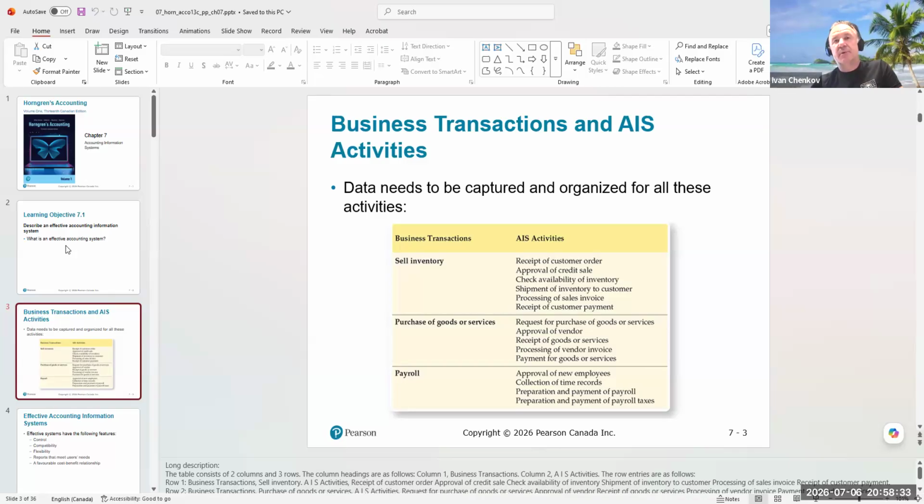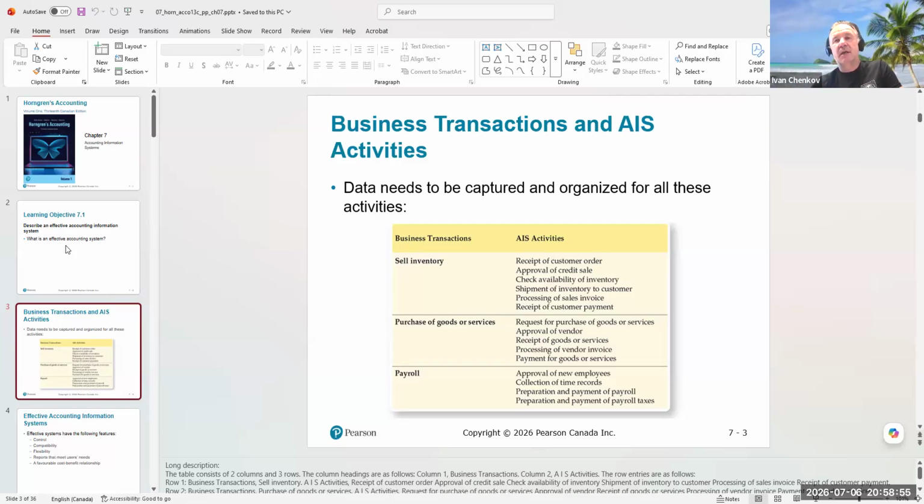That's for the sales. For the purchases, we want to know the vendors, the quality of the material, how much material we're purchasing, what's the cost of the material, and what's the outstanding balance. If we have to pay, did we pay everything? What's the vendor's or supplier's information? For the payroll, same thing.